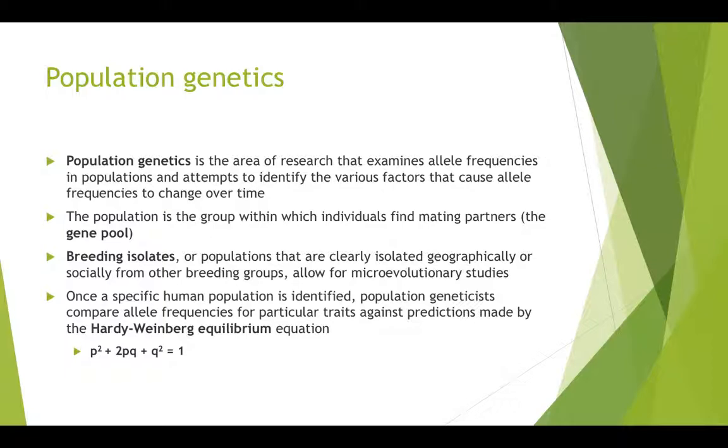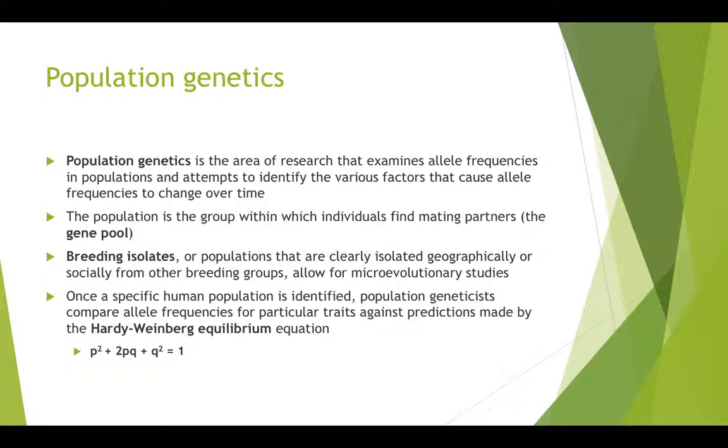Once a specific human population has been identified, population geneticists will examine their allele frequencies, compare the observed frequencies with those that would be predicted by equations like the Hardy-Weinberg equilibrium equation. So we make predictions based on the relative frequencies of the homozygous dominant, the homozygous recessive, and the heterozygous individuals.